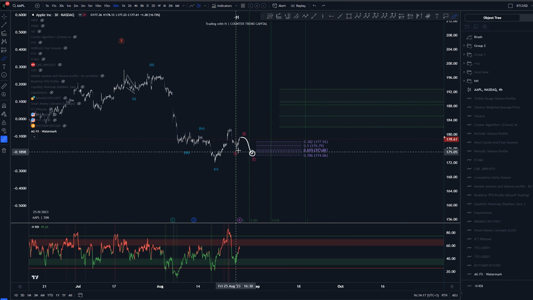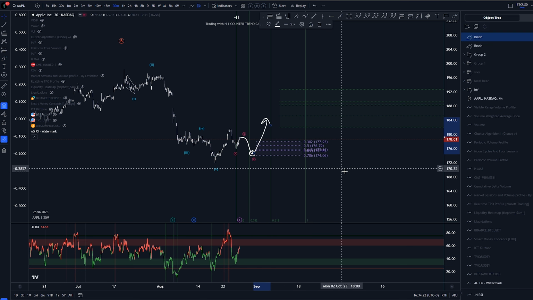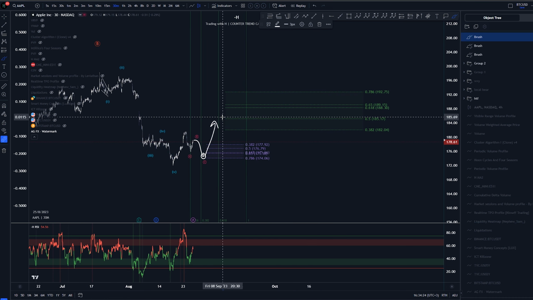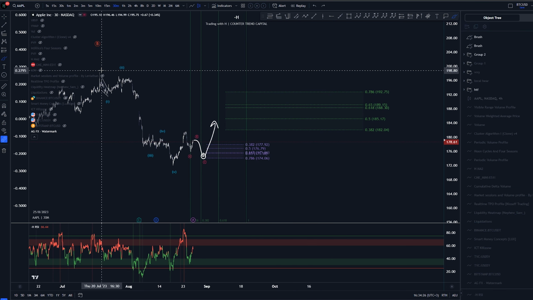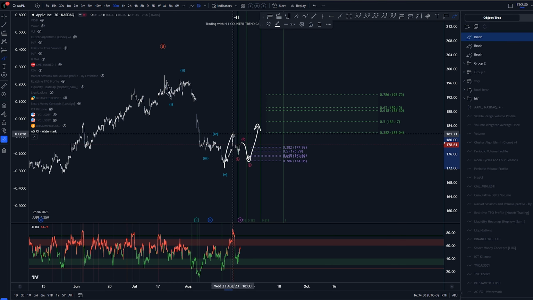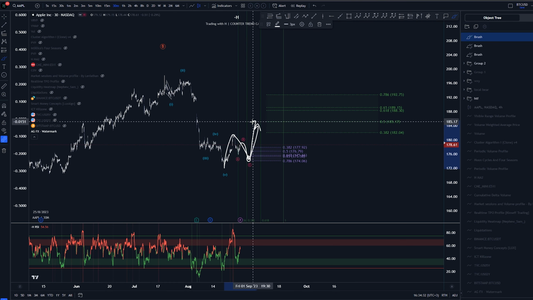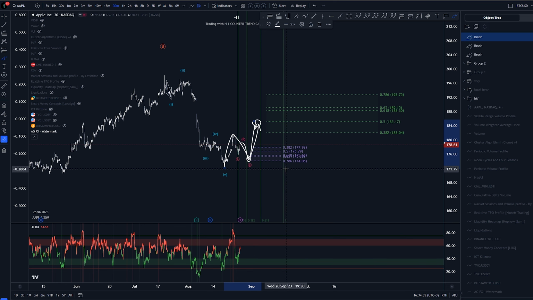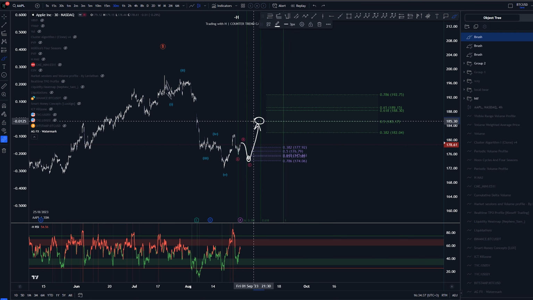And if this indeed is a structure that plays out and we are going to get up here, I would be targeting somewhere in the 50% retracement of this first move. And again, if this fits into something like a 1-to-1, I would be looking for that as well as more of a target.